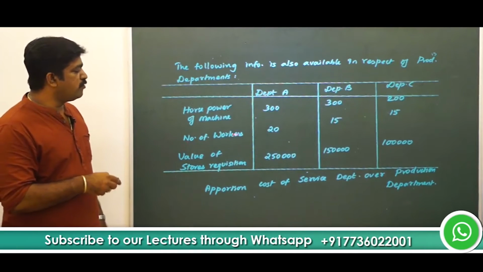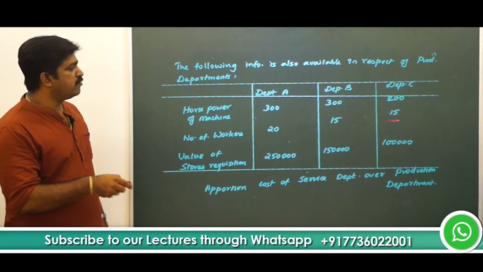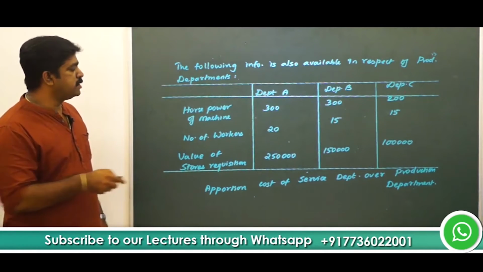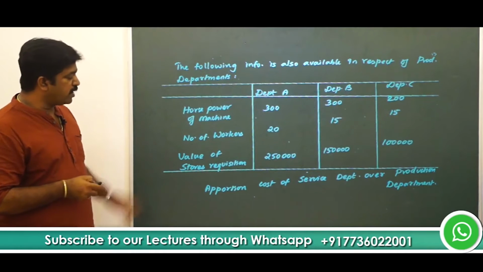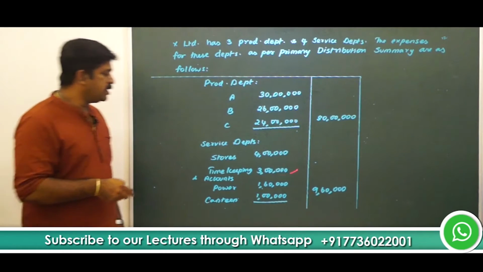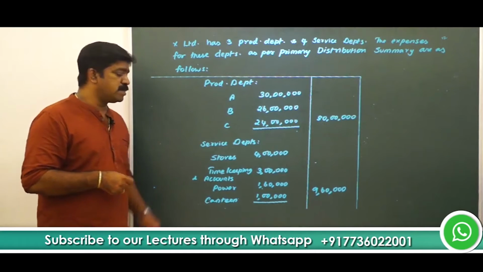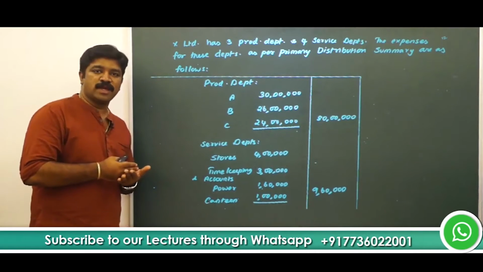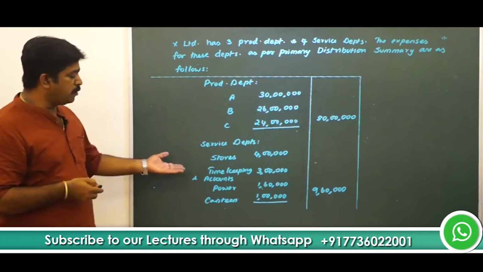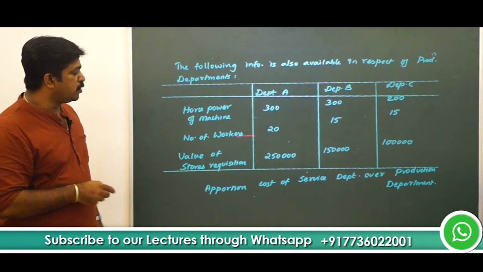Next you have the number of workers 20, 15, 15 for department A, B, C. Where can we make use of this information? Timekeeping and accounts, their expense is 3 lakh. This is mainly for the 3 production departments. It can be linked with the number of workers.